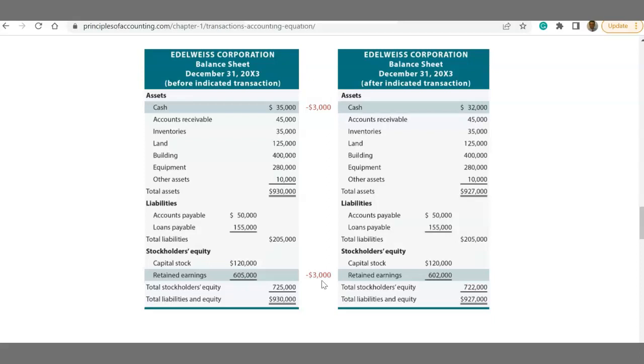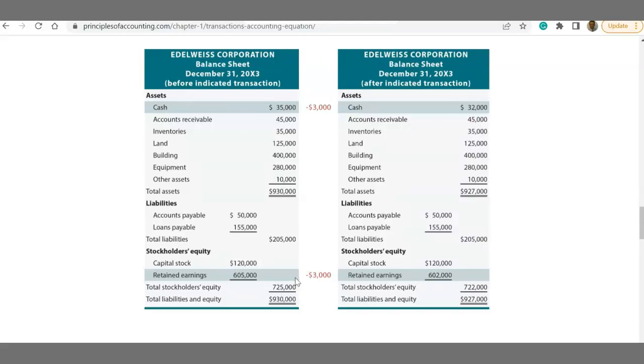Why? Very easy. Beginning retained earnings plus net income, which in this case is minus 3,000, minus dividend, equals ending retained earnings. Imagine the dividend is not declared yet, so zero dividend. So 605 minus $3,000 loss on this business becomes retained earnings of 602.